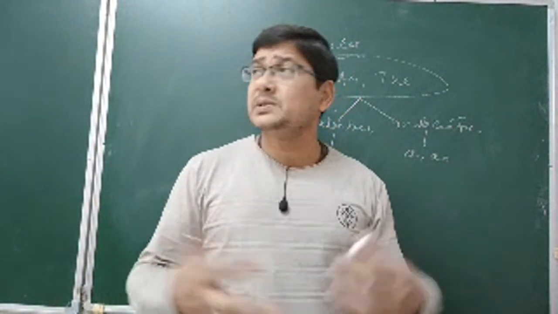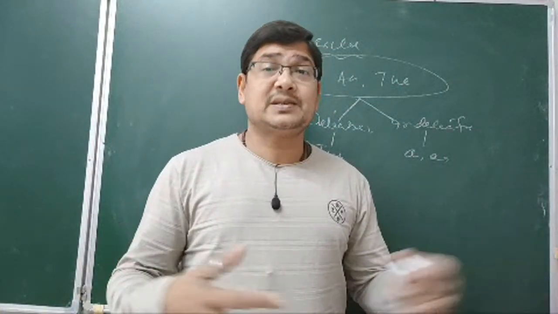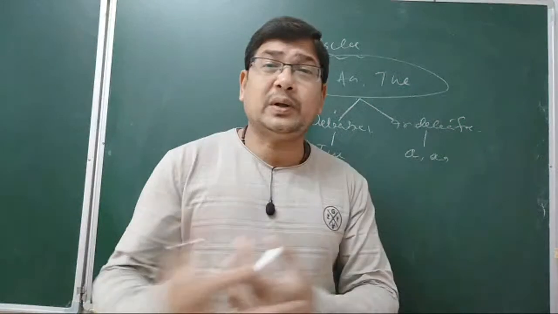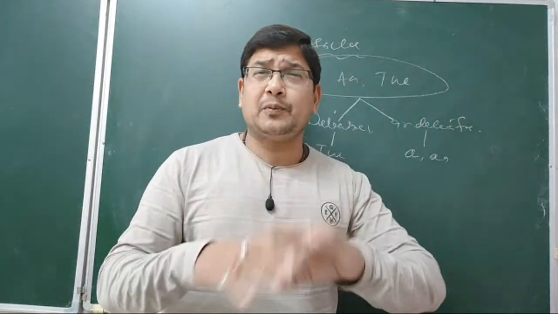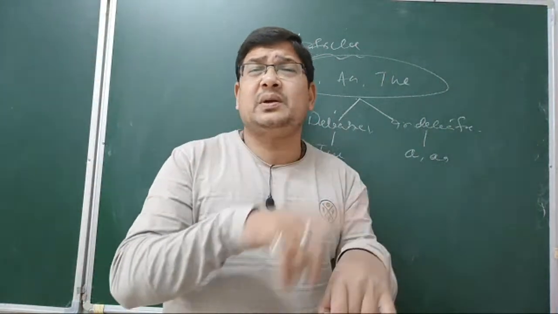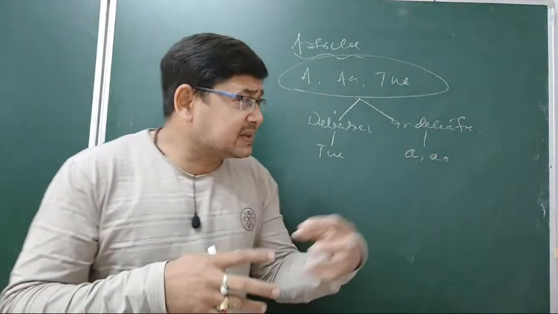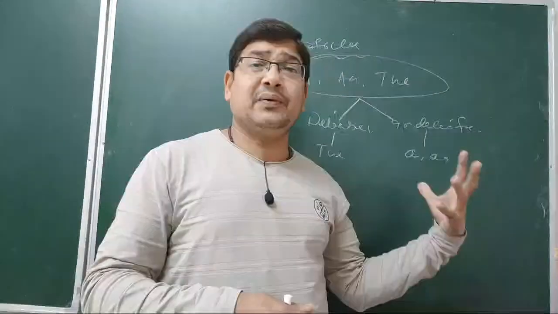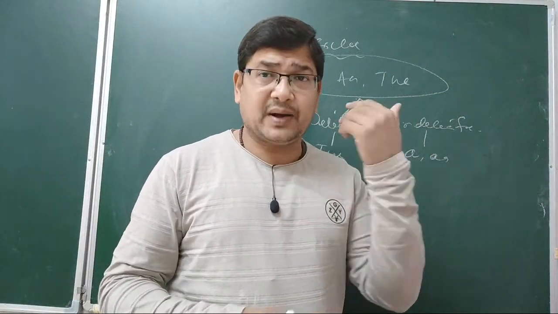Like if you say, a book of mine is damaged, I have many books, and among all those books, one book was damaged. So I am not talking about a particular book. Among all those books, one book is there that was damaged. This is the difference between a definite article and an indefinite article.